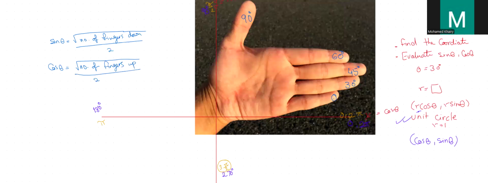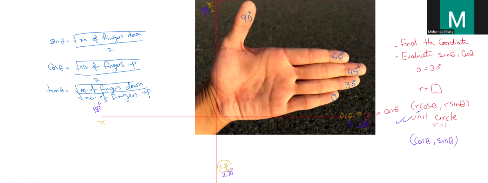And tan theta equals, because this is sine first, number of fingers down over number of fingers up. Okay, this is the rule.